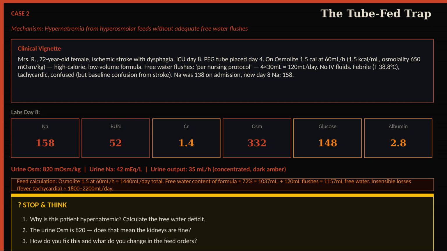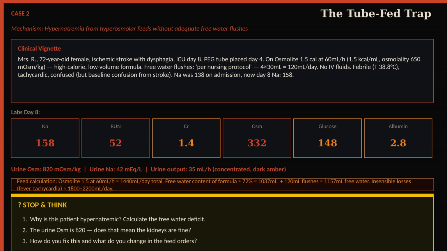No IV fluids. She's febrile at 38.8, tachycardic and confused, though confusion is her stroke baseline. Sodium was 138 on admission. Day 8, it's 158. Her urine osmolality is 820. Urine output, a meager 35 milliliters an hour, dark and concentrated.